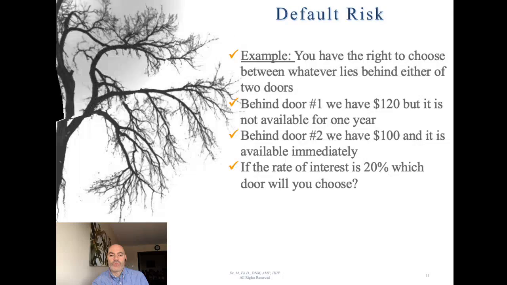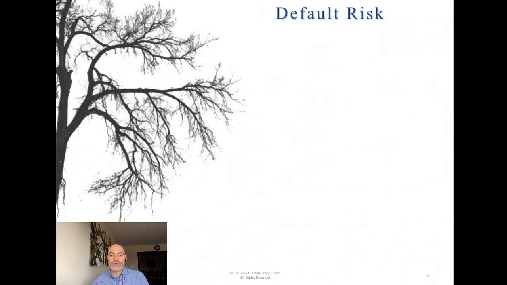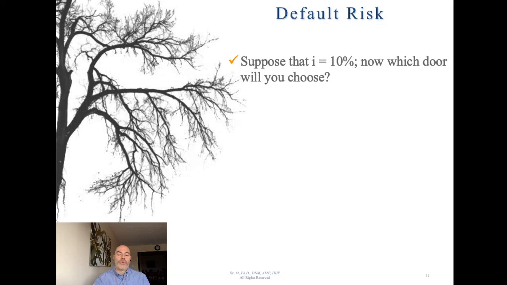One is $120 and the other one is $100. So suppose that interest rate is at 10%. And we considered last time interest rate at 20%, and we found that the two doors yield equal value, and thus you will be indifferent.